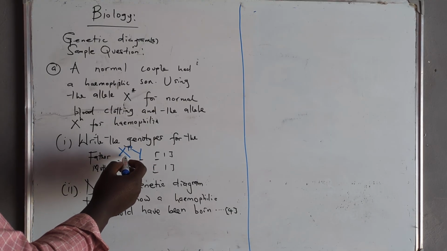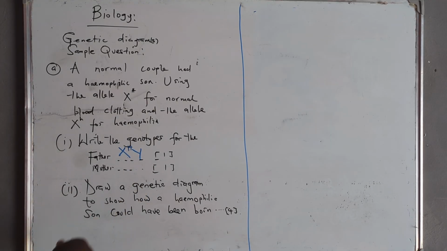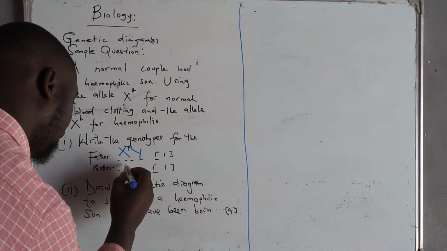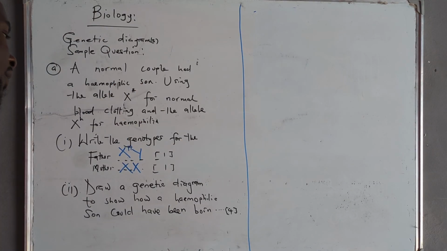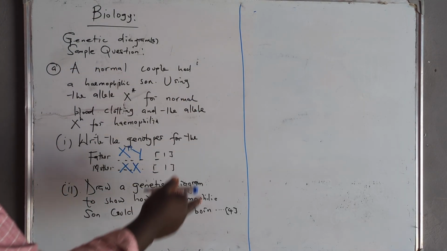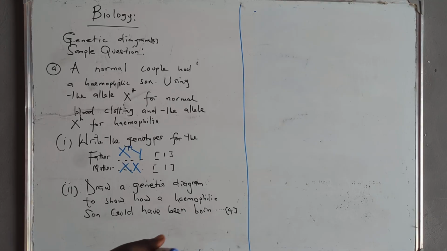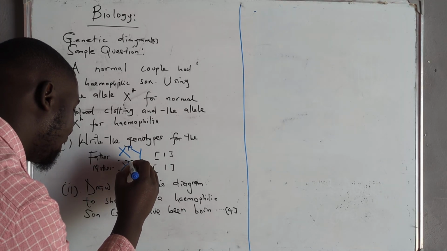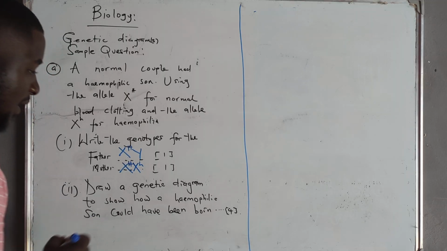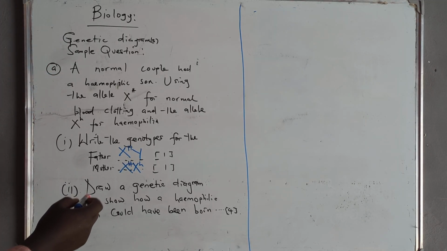Males are X and Y, so this is what you're going to have. Then females have two X's, so you have X and X. Now, this parent is normal, because they said a normal couple. So both the father and the mother were normal. Here you discover that the mother was just a carrier, so she was like this. This kind of allele is recessive.